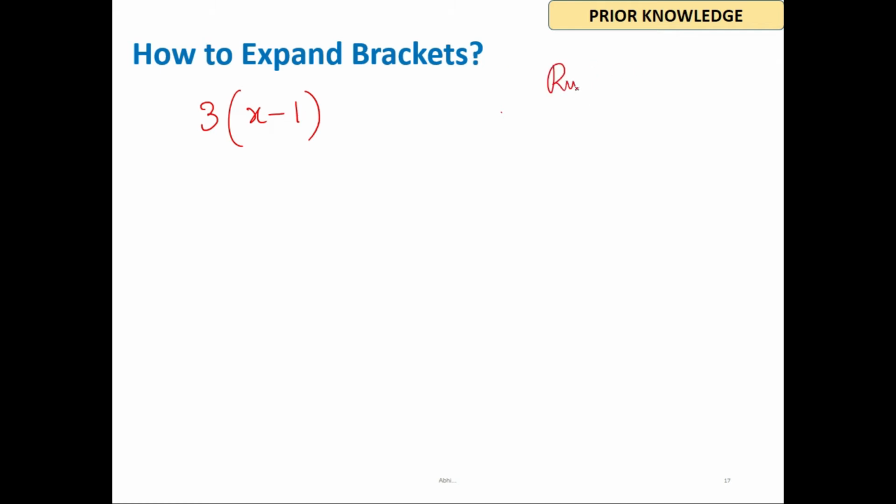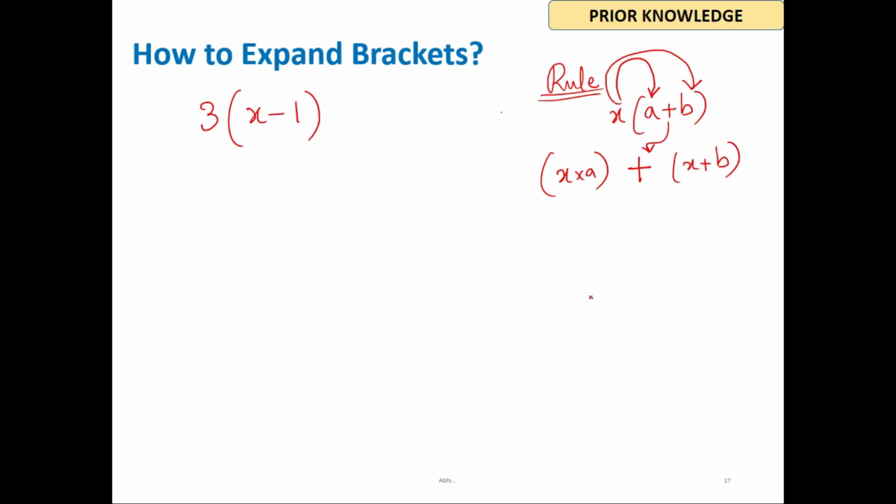Now the rule, if you want me to put it as a rule, x multiplied by a plus b, it's like x getting multiplied with a first, and you put the same sign in the middle, which is a plus, and then you multiply x with b. So this is how the operation should be done. Okay, so x multiplied by a first, put the same sign in the middle, and then x gets multiplied with b. So the same property, the same rule being applied here.